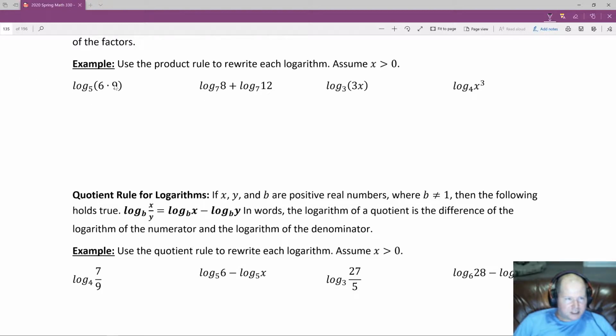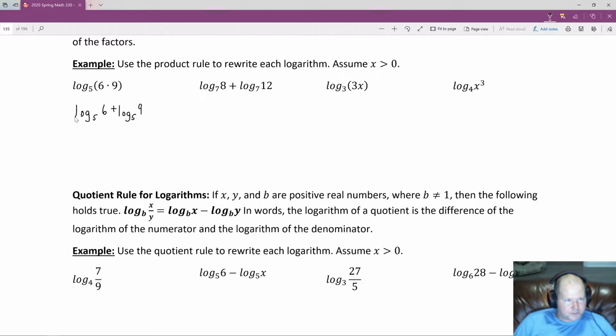This is very similar to the product rule of exponents because logarithms and exponents are closely related. Basically, if we have two numbers multiplied together within here, we can break this logarithm apart. So the logarithm of the first factor plus the logarithm, same base, of the second factor.